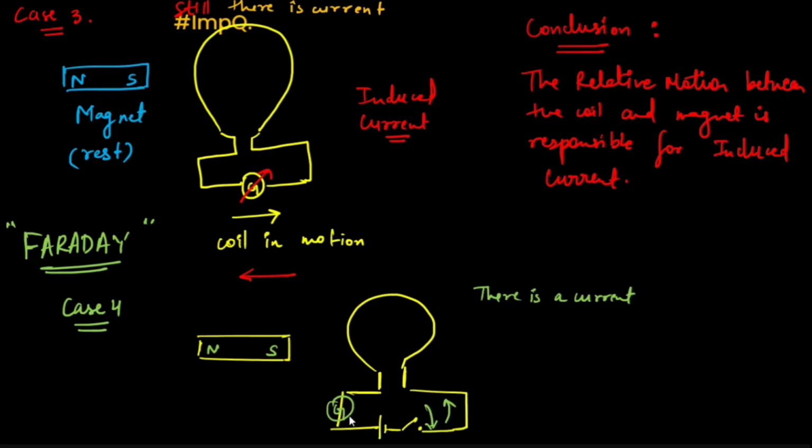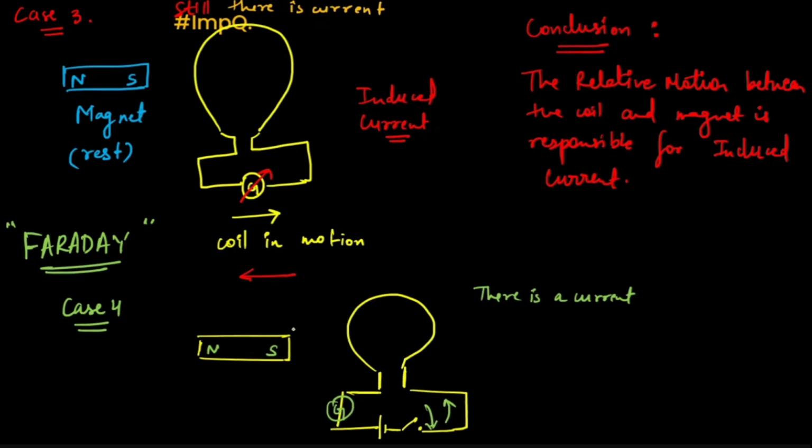So it is capable of measuring a current of very small order. We are using the galvanometer here because whatever induced current we are finding in such cases, the magnitude of such current is very small. So the traditional ammeter cannot measure it. So in order to see it, we are using the galvanometer only.